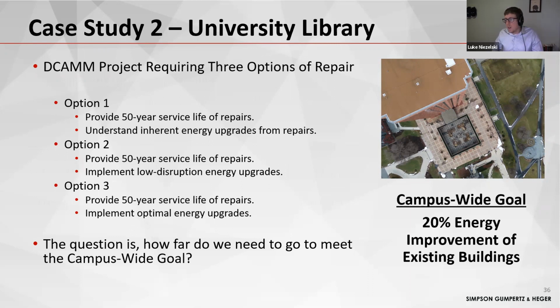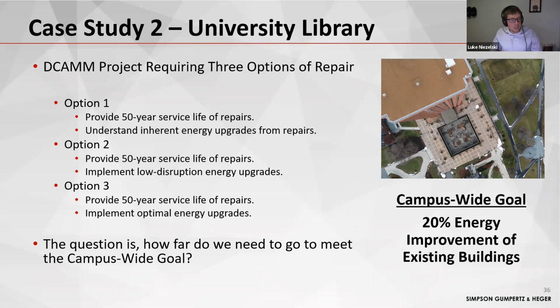And then we had the 20% energy improvement. They let us know that this is more of a goal rather than a requirement, because they're pretty knowledgeable and understand that in some buildings it's more feasible to implement energy saving options than others, but they still wanted to see how far they needed to go to meet this goal.